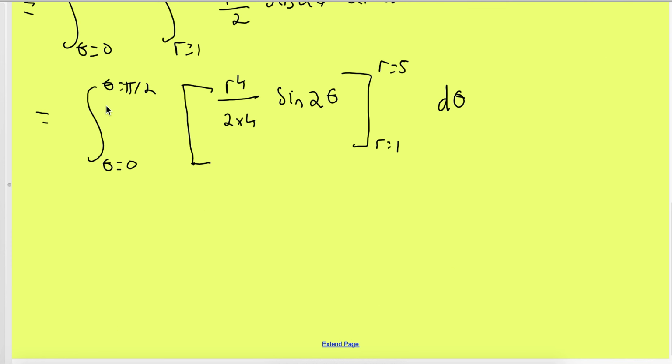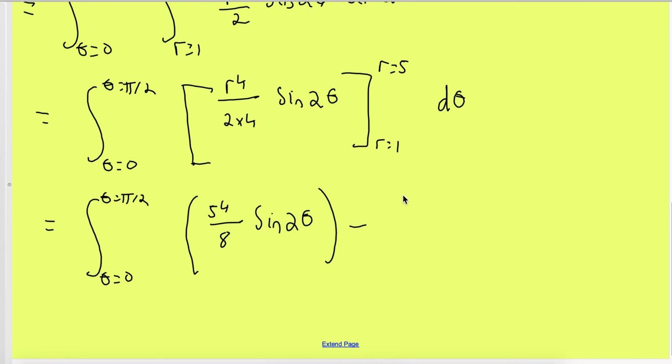Right, so that's going to give me 5 to the power of 4. Hold on. So I just substitute in the 5, that gives me 5 to the power of 4 over 8 sine 2 theta. I know I've missed out a step, but minus 1 to the power of 4 over 8 sine 2 theta, d theta.